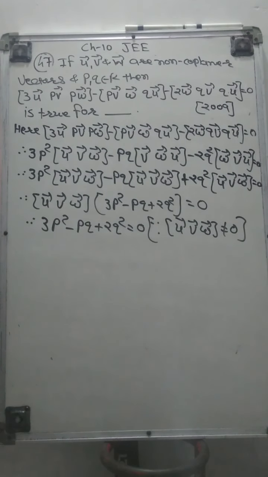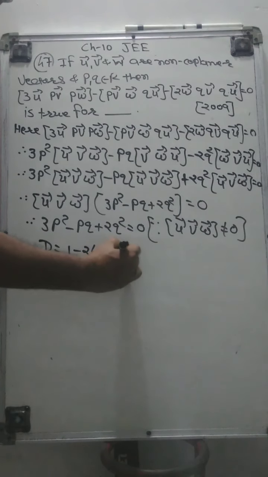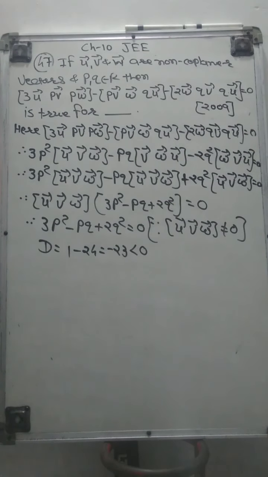Now when we take the discriminant, it is b square minus 4ac, which is 1 minus 24, that is minus 23, less than 0. So real roots of p and q are not obtained other than p and q both being 0.